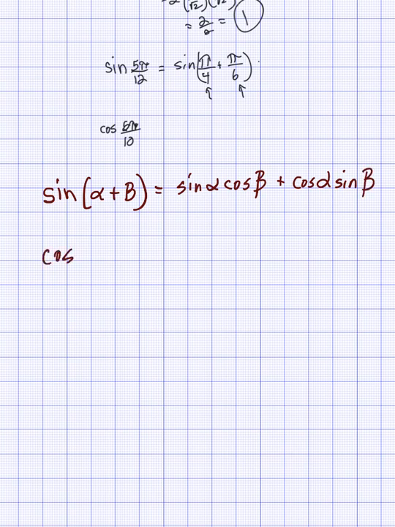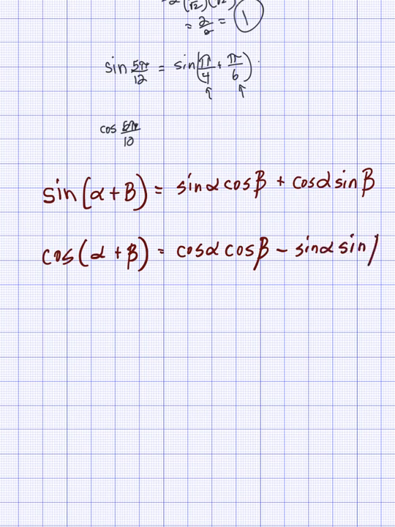The cosine of any two angles is just going to equal the cos of the first times the cos of the second minus the sine of the first times the sine of the second.